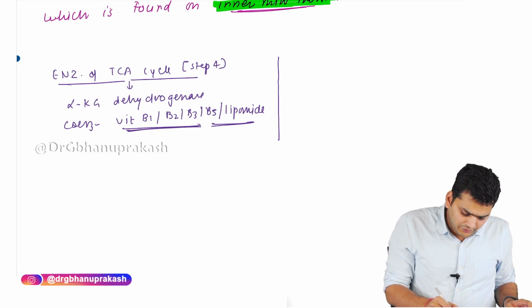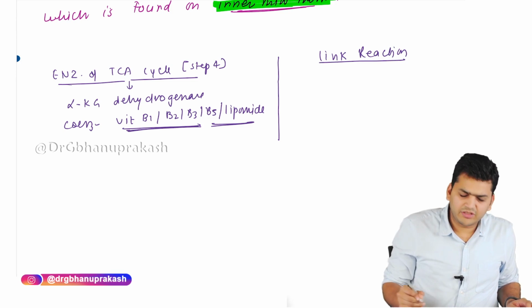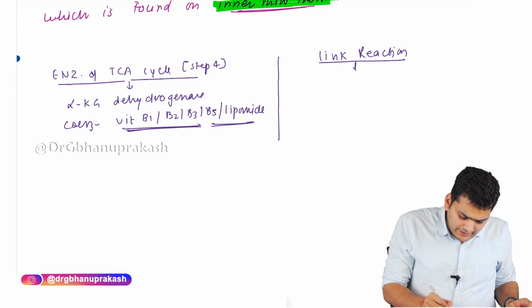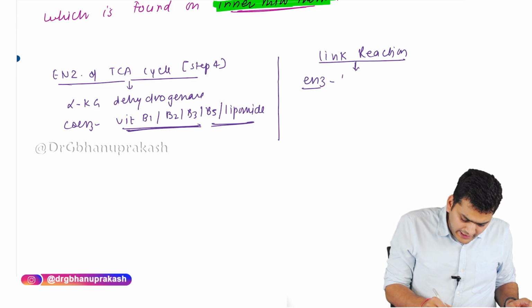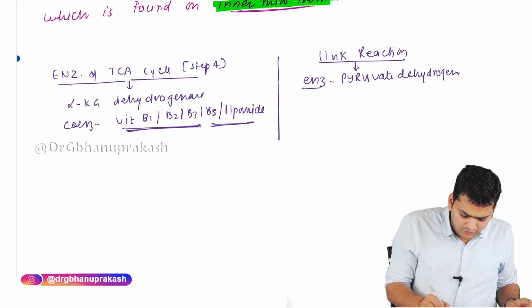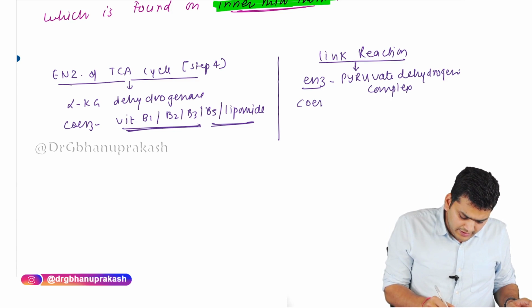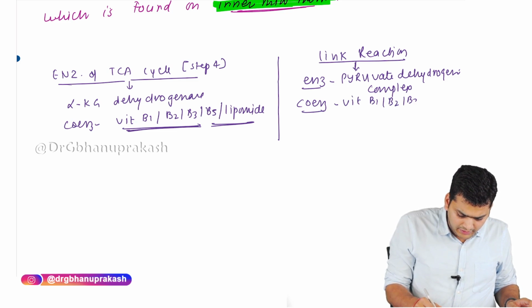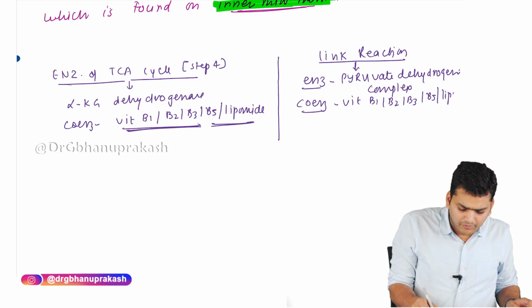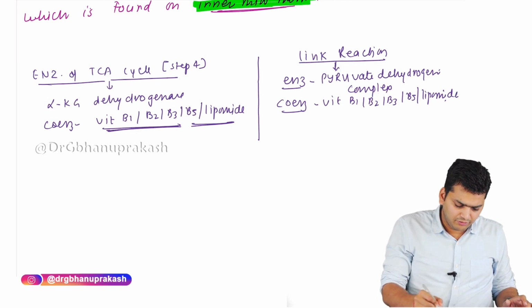Now, when we were discussing the link reaction, just prior to the TCA cycle, the name of the enzyme was pyruvate dehydrogenase complex. In the pyruvate dehydrogenase complex, the coenzymes were vitamin B1, B2, B3, B5 and lipoamide, which is exactly the same as alpha-ketoglutarate dehydrogenase.